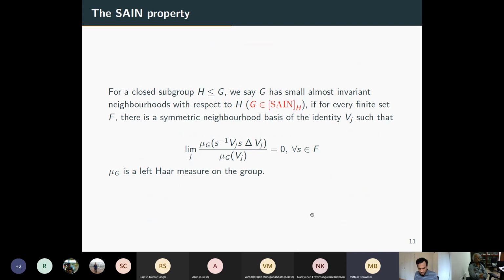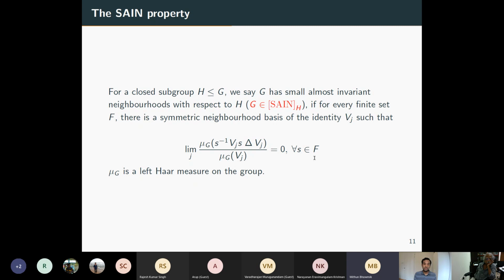Okay, so I mentioned this small almost invariant neighborhood property. Let me precisely define what this is. As the name suggests, it's measuring how much open neighborhoods of the group are moved around by elements of the subgroup. So if you take some neighborhood basis, you're looking at the symmetric difference of the neighborhood and its conjugate with elements from some set F, and you see how much this is moved around.